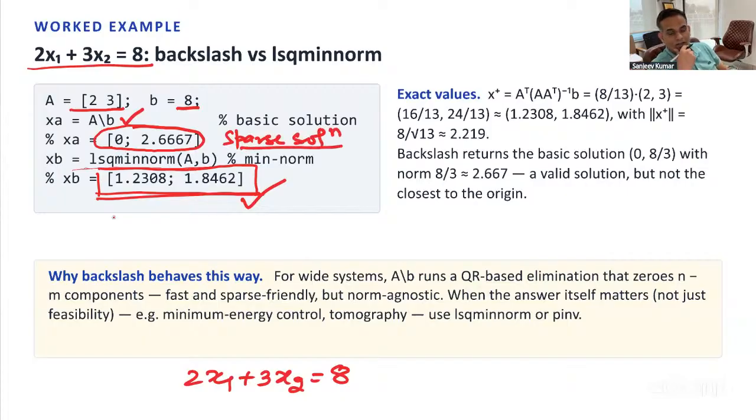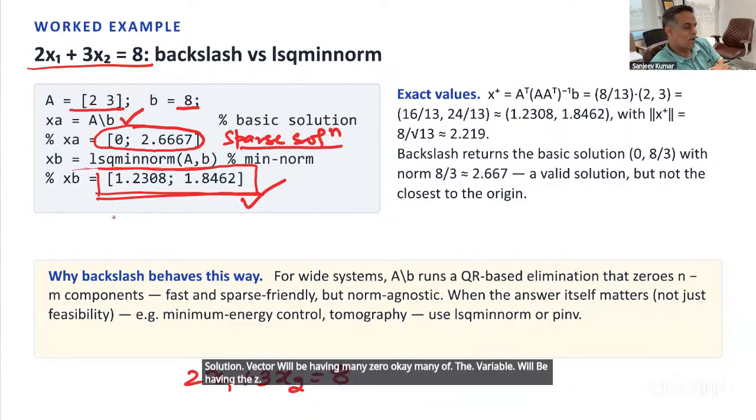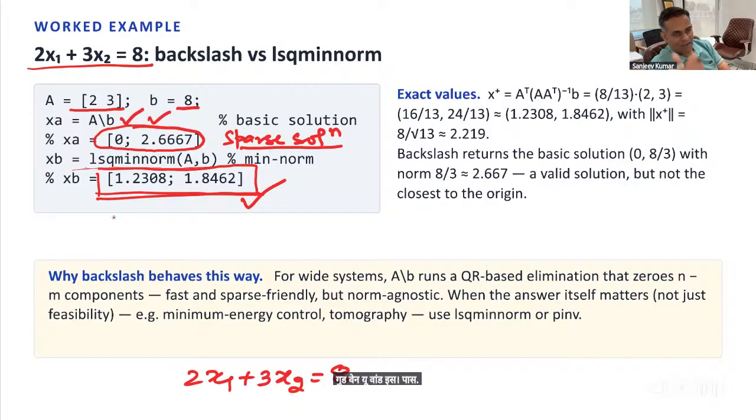Sparse solution means the solution vector will have many zeros. Many of the variables will have the value zero. So the backslash technique is good when you want a sparse solution, that is, when you want to find some of the important variables.